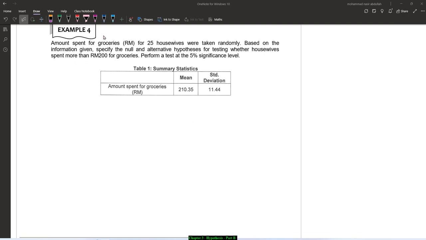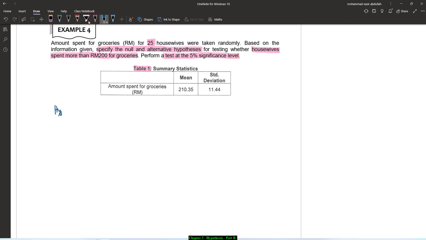The amount spent for groceries by 25 housewives was taken randomly, right? Based on the information given in table number 1, specify the null and alternative hypotheses for testing whether housewives spend more than 200 on groceries, and perform a test at the 5% level of significance.